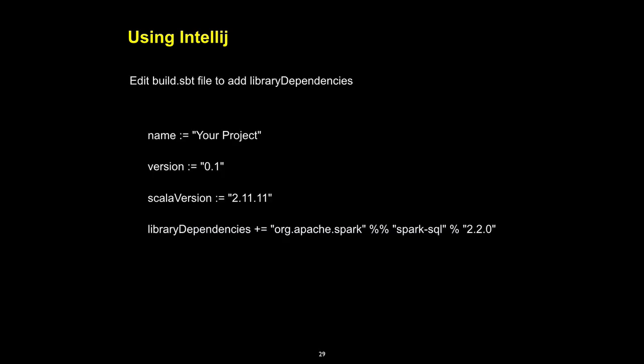Right, and so if you want to do Spark in IntelliJ, you can use the SBT template, and then just edit the build.sbt file, and basically you need to make sure that you put the Scala version and then this line.